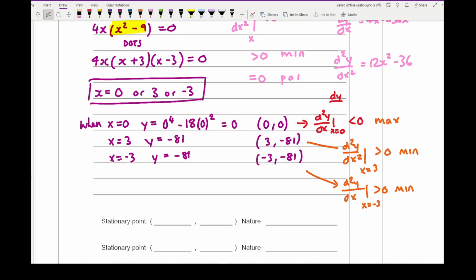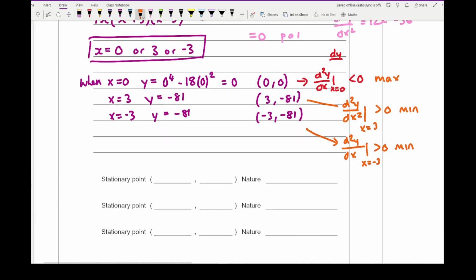So all that's left for us to do is complete this so it's a lot neater in the answers box. So here we've got (0, 0), which is a maximum point. We've got (3, -81), which is a minimum point, and we've got (-3, -81), which is also a minimum point. And there we go.